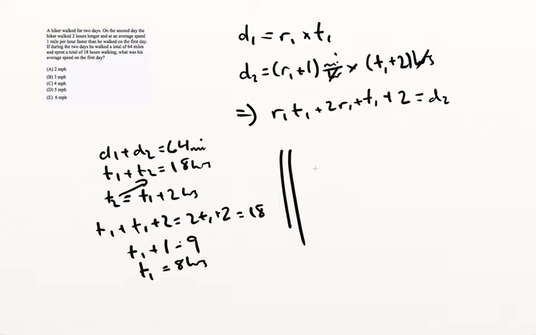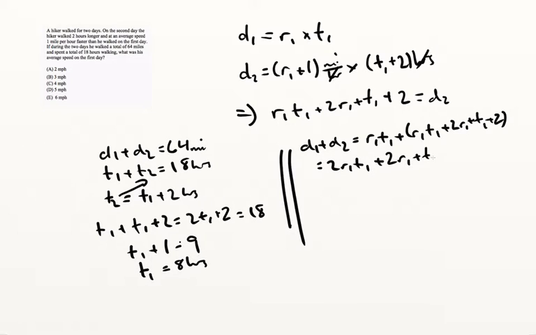And then for the second part, we've got D1 plus D2 is R1 T1 plus the D2, which is what we have here. So that's going to be R1 T1 plus 2 R1 plus T1 plus 2. All we have to do then is put all this in.